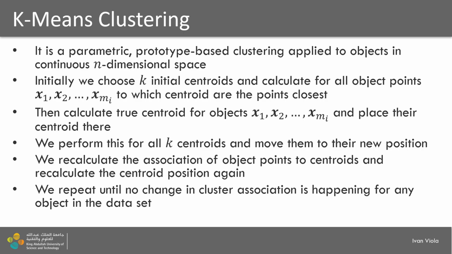And we will repeat this process until there is no change in the cluster association, meaning that there is no point changing membership to a cluster, and there is no necessity for the centroid to be moved to a new center of gravity because it already is in the center of gravity of its points from the previous iteration.